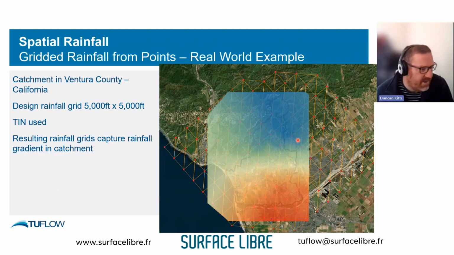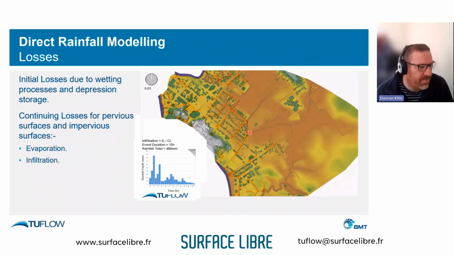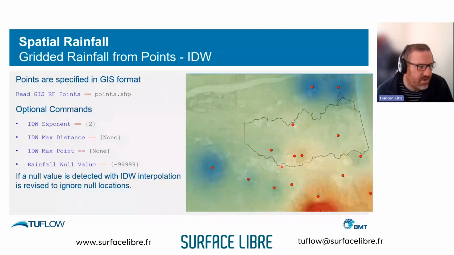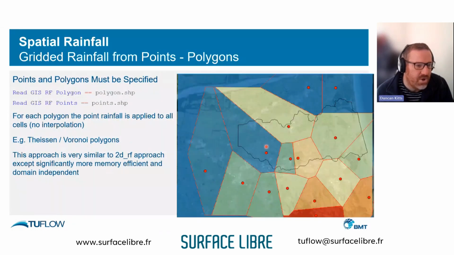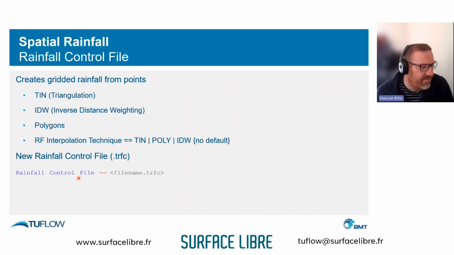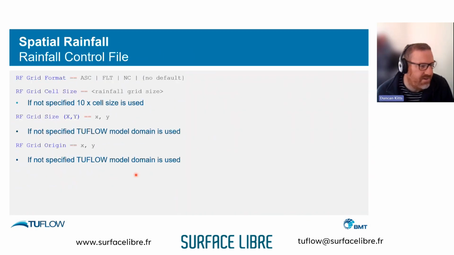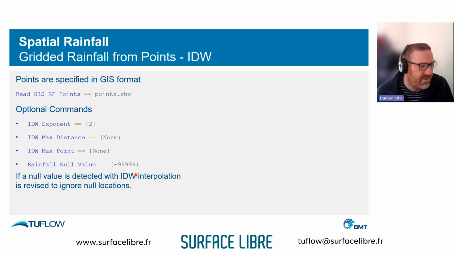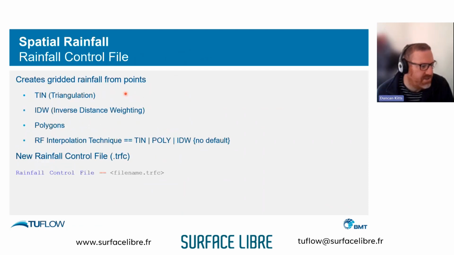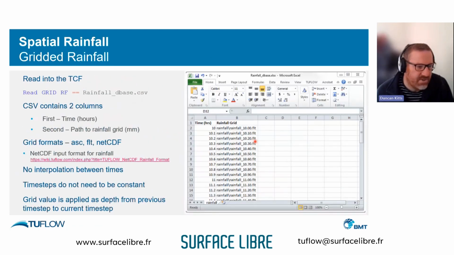The really neat thing is, I don't think I've got a slide for this, but whether you're using inverse distance weighted or TINs or this approach, once you've used the rainfall control file, you generate the grids. They will be generated in whatever format you specify. On the next occasion, rather than regenerating it, this file gets created automatically.